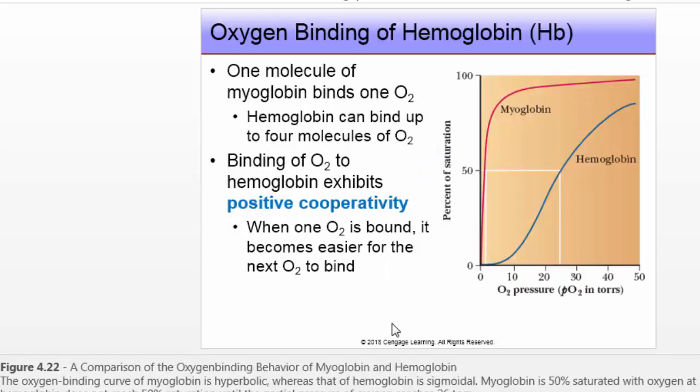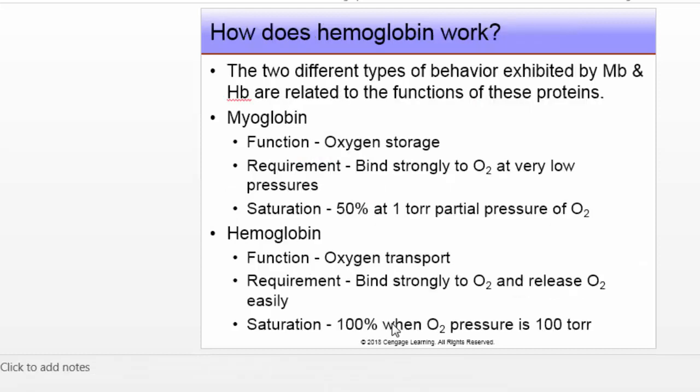Now oxygen binding of hemoglobin. One molecule of myoglobin binds one oxygen. Hemoglobin can bind up to 4 molecules of oxygen. Binding of oxygen to hemoglobin exhibits positive cooperativity. When one oxygen is bound, it becomes easier for the next oxygen to bind.